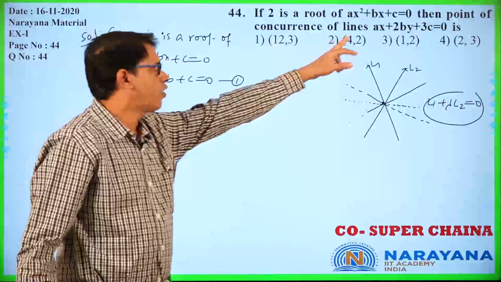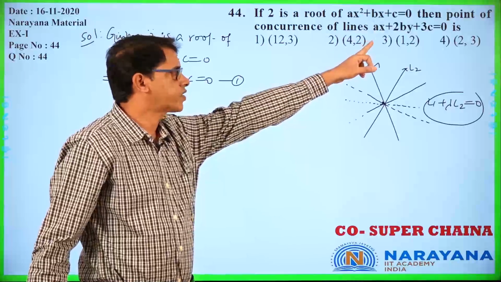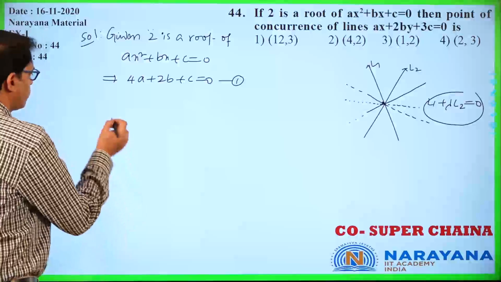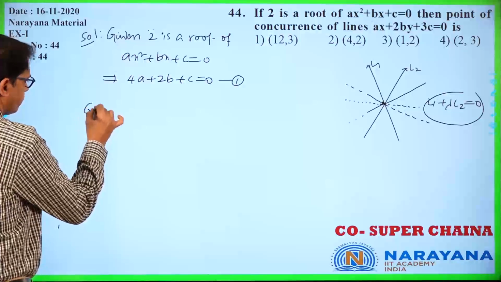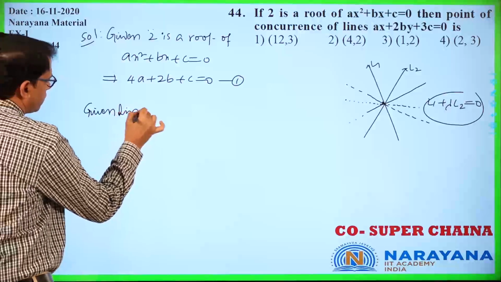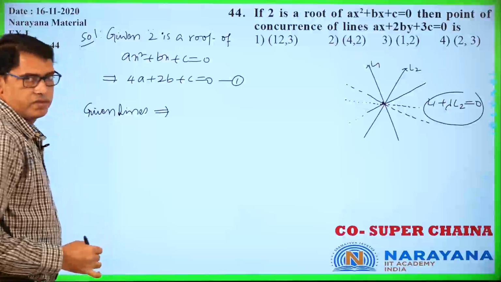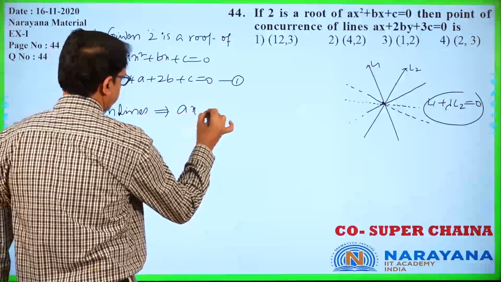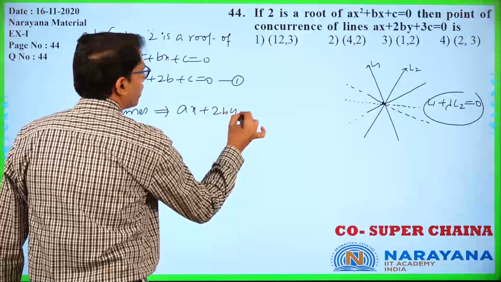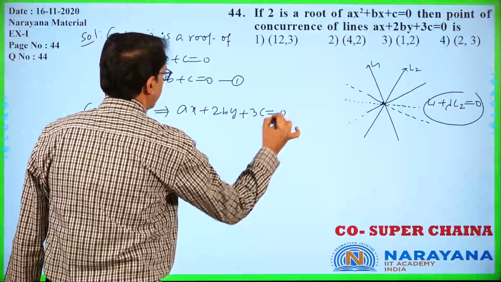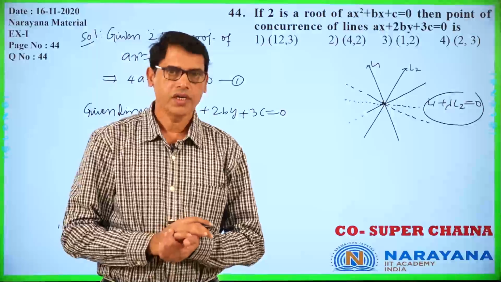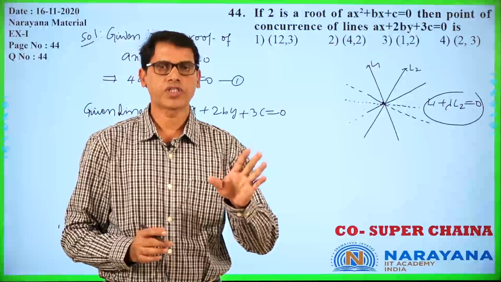Now we have to find the point of concurrency of this line. So what is the family of lines? The given lines are ax plus 2by plus 3c equals 0. To find the point of concurrency, we need to bring this to the standard form.